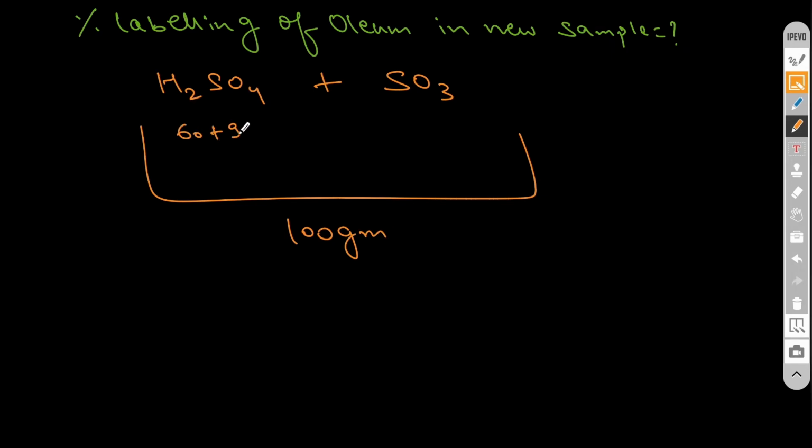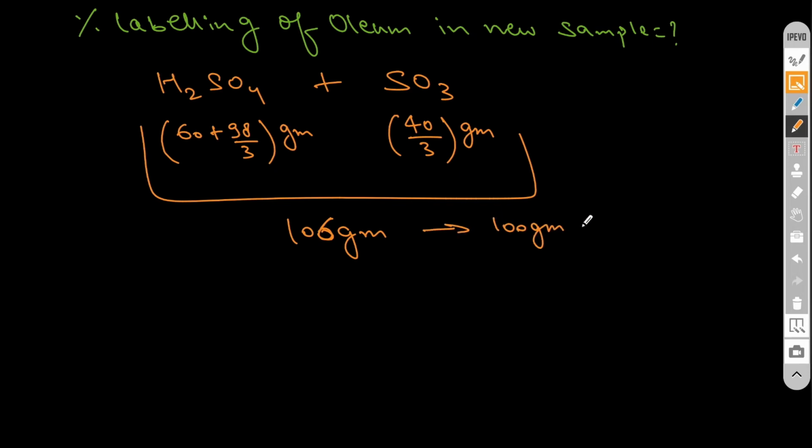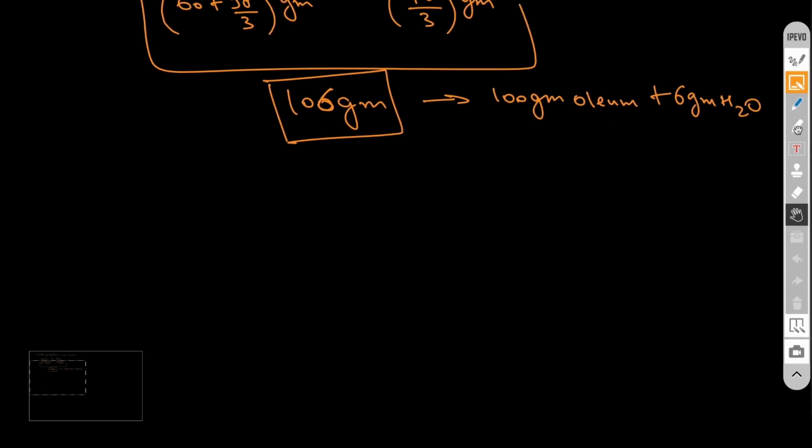It is 60 plus 98 by 3 gram, 60 gram which we took earlier, and 98 by 3 gram which is formed later. And how much SO3 is there? It is 40 by 3 gram. This together weighs 106 gram, which is oleum here. And in this 106 gram we have 100 gram oleum and 6 gram water, as per the problem.